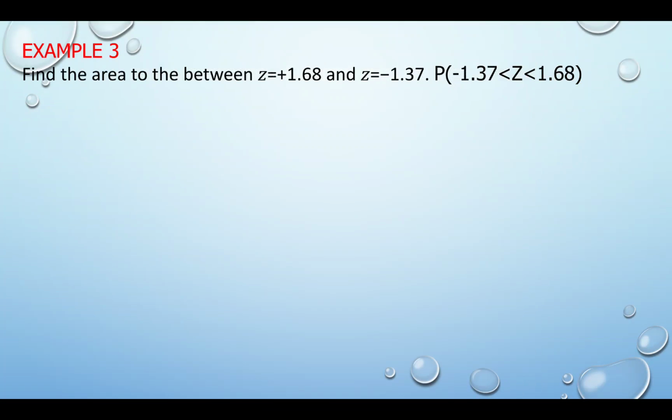Next, between negative 1.37 and positive 1.68. Okay, so we're going to find the area between negative 1.37 and positive 1.68. So, ang una natin gagawin dyan is to draw the figure.